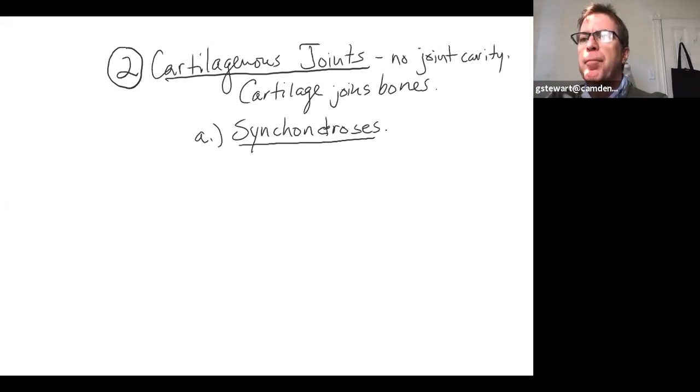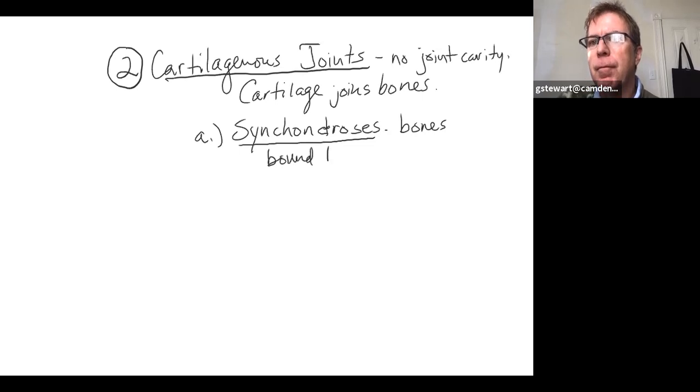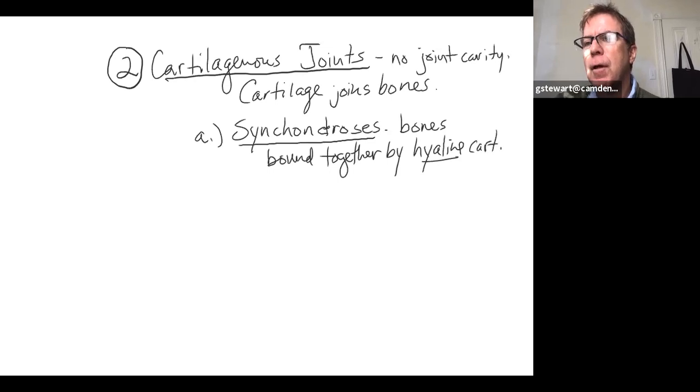These are joints where the bones are bound together by hyaline cartilage. And I'm going to underline hyaline cartilage. So we have almost like a cartilage plate.